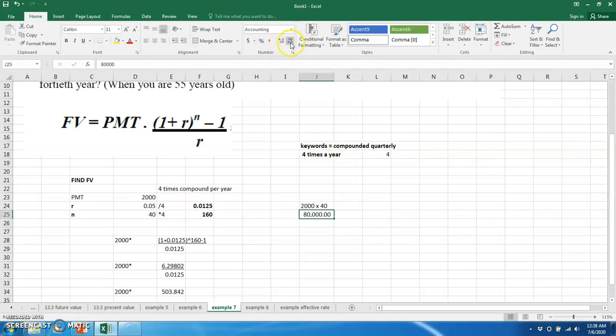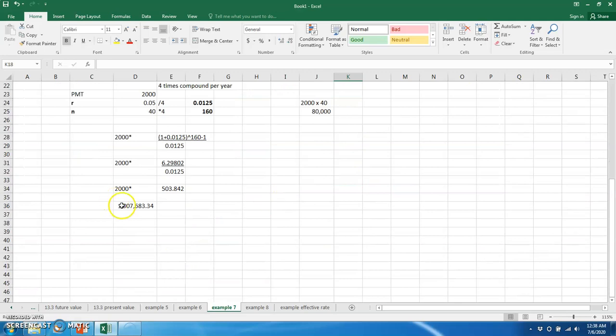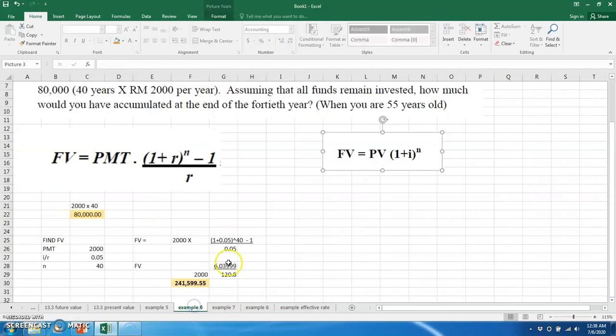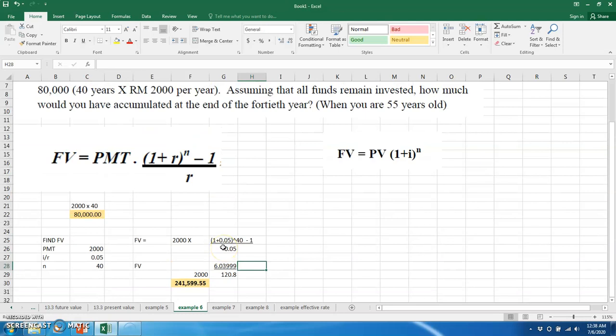But by using the compound interest quarterly basis, this is what you get at the end of your investment. Wow, sounds good, right? Let's check. This is the amount that you get in example 6, when the compound is only annually.